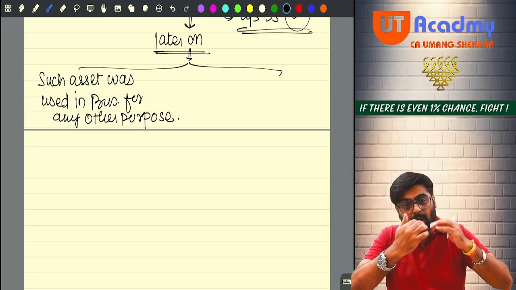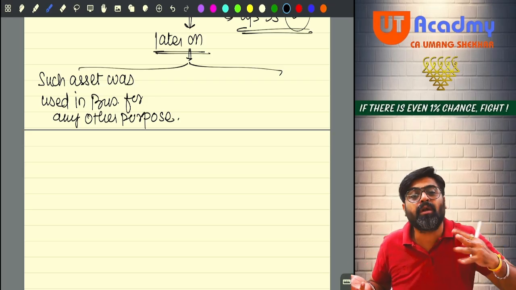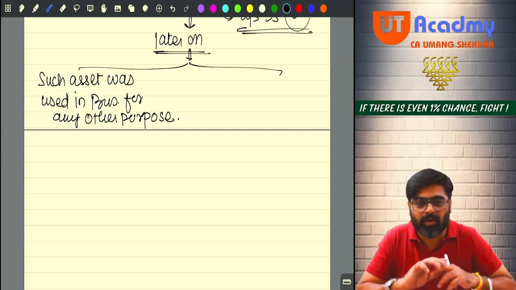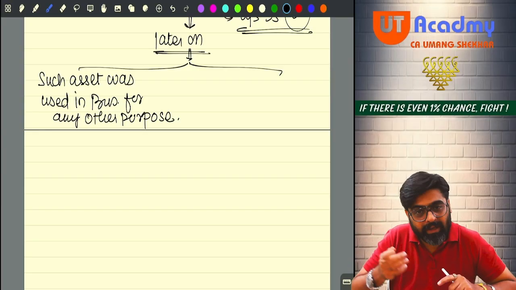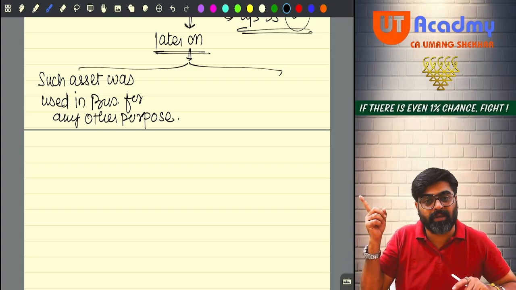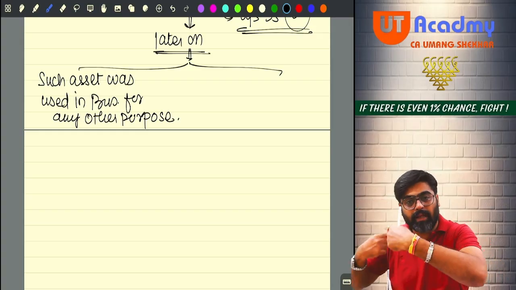Now that you have brought this asset for your normal business operations, it will not remain individual. Now this asset will be made part of the block, along with your other assets used in normal operations.